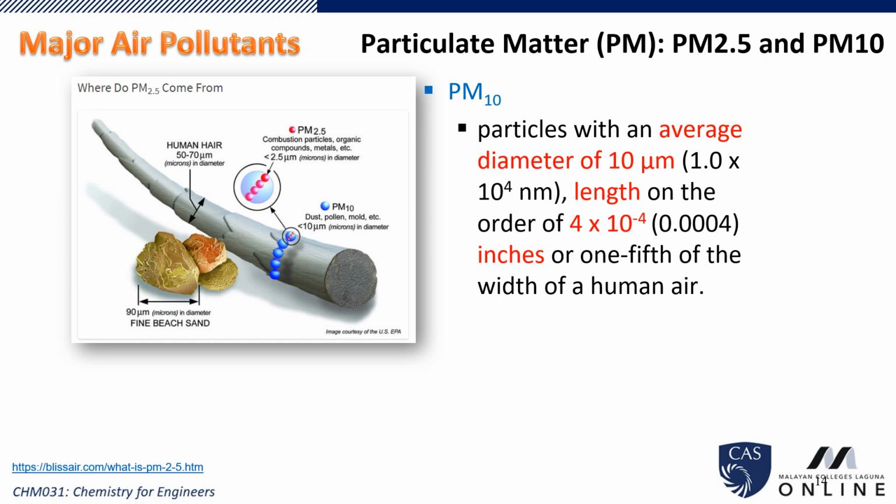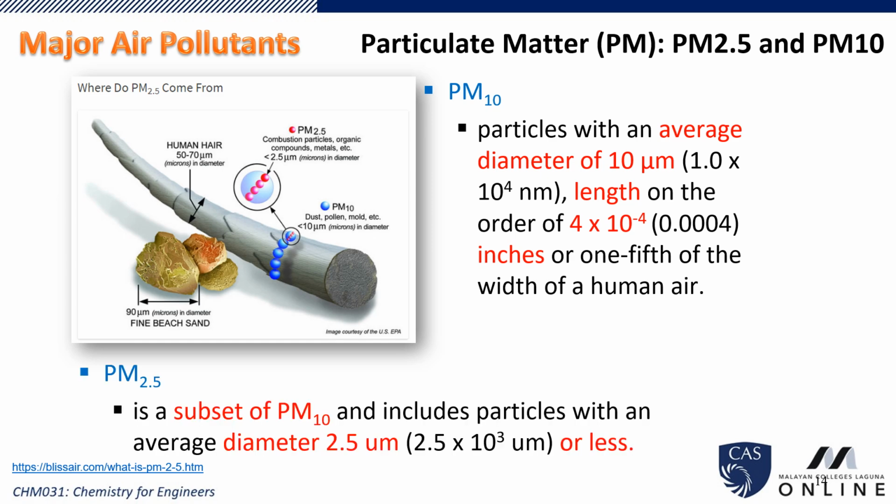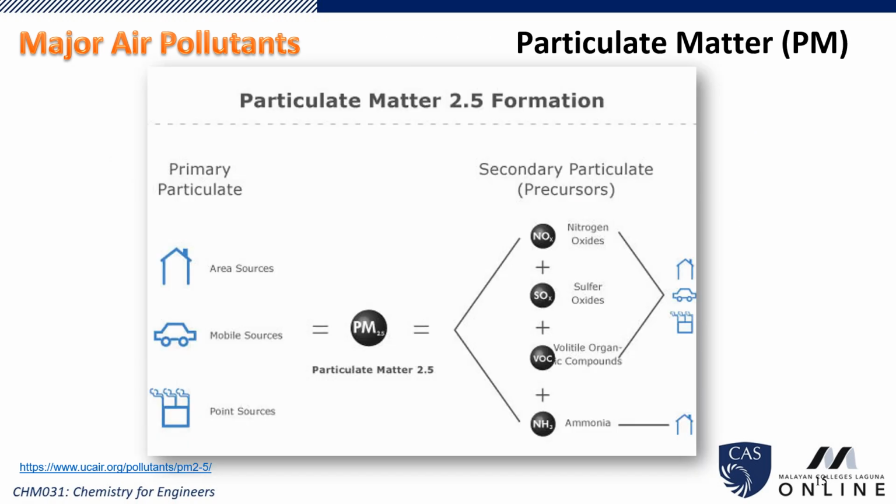The PM10 particles have an average diameter of 10 micrometers and a length on the order of 4 times 10 raised to the negative 4 inches, or 1/5 of the width of the human hair. PM2.5 is a subset of PM10 particles and includes particles with an average diameter of 2.5 micrometers or less. Particulate matter can cause respiratory diseases, heart problems, and premature death.